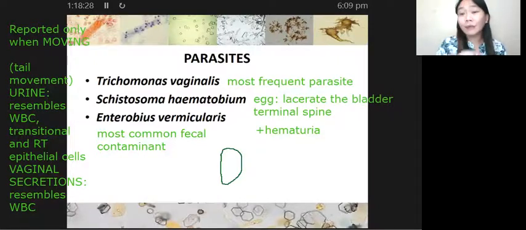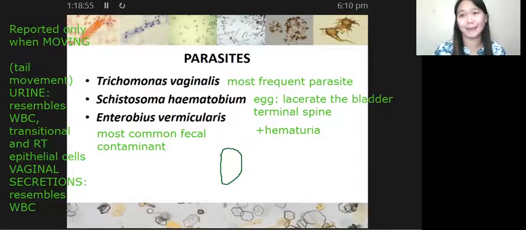And then take note, one of the distinguishing clinical manifestations of your Enterobius vermicularis infection is pruritus ani. Ibig sabihin, nangangati yung butas ng puwet mo kasi diyan nagle-lay ng eggs yung female Enterobius vermicularis.